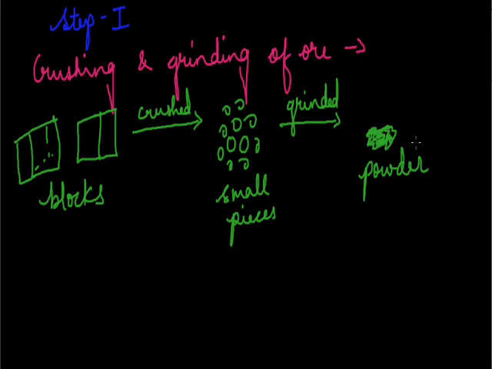The coarse part is ground again, then we get a powder. For grinding we use a stamp mill or ball mill. That is used for making powder of the ore, so we can call it powdered ore. So this was about the crushing and grinding of ore.